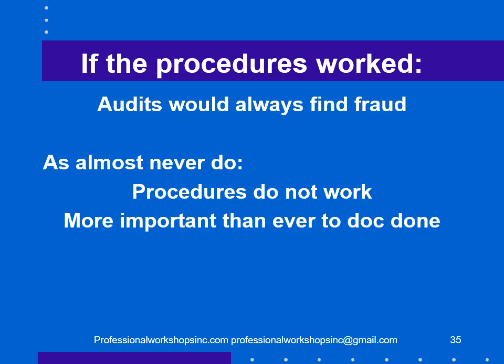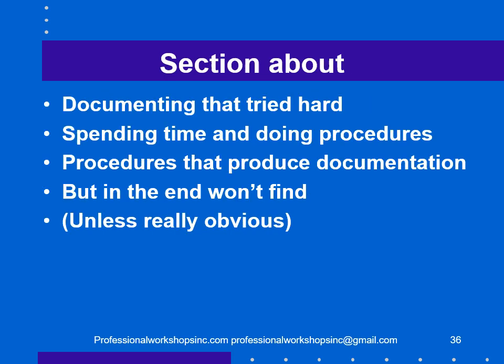So because of that, it's more important than ever to document what we have done. So this section is about, and the underlying story about why it's a much better section is, we document that we tried really hard. We spend time and do procedures, and we're producing procedures that produce documentation, not necessarily procedures that produce evidence.